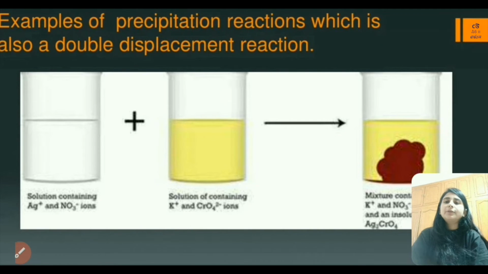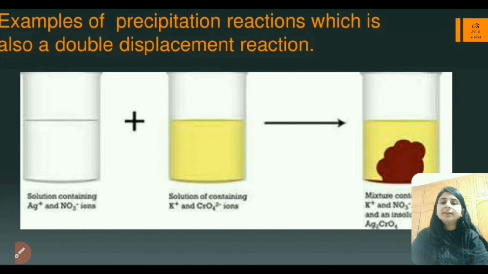Okay, so now let's cover some examples of precipitation reactions, which are also double displacement reactions. So we have a solution that contains silver and nitrate ions.